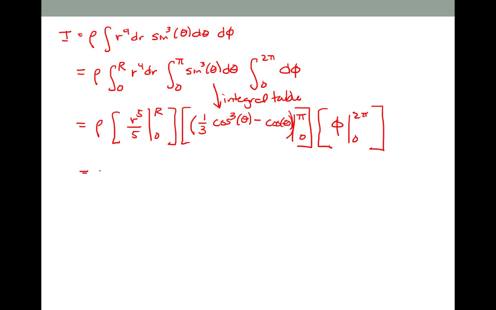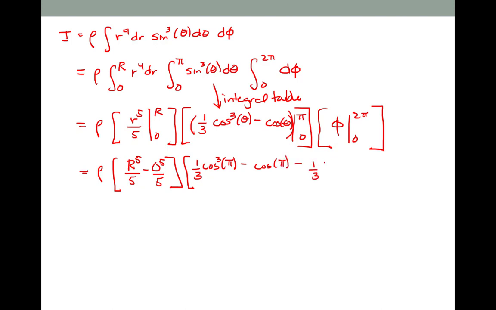I'll be honest. Okay, putting in the limits, we have r to the fifth over 5 minus 0 to the fifth over 5. We have 1/3 times the cosine cubed of pi minus the cosine of pi, minus 1/3 times the cosine cubed of 0, plus, minus a minus, this becomes plus, the cosine of 0.